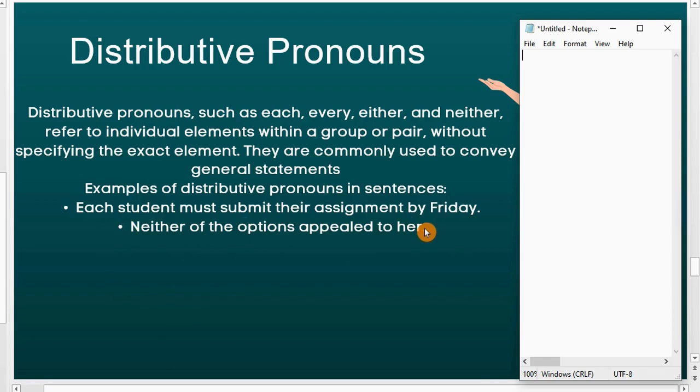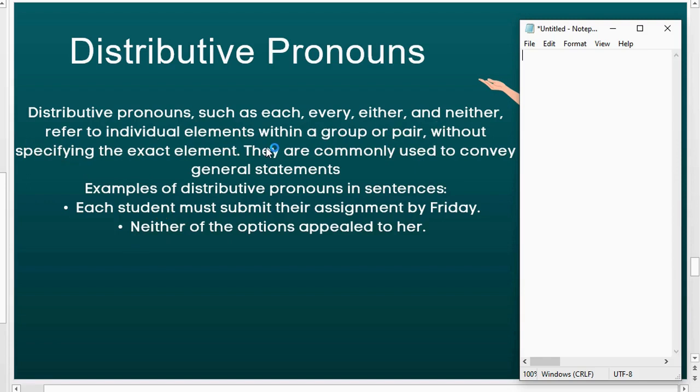So every, either, neither are known as distributive pronouns, and they refer to the individual elements within a group or pair without specifying the exact element. So this is one of the important parts.